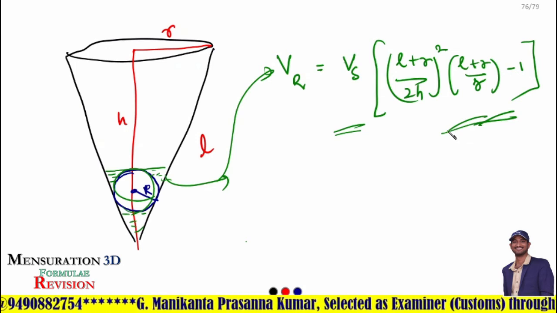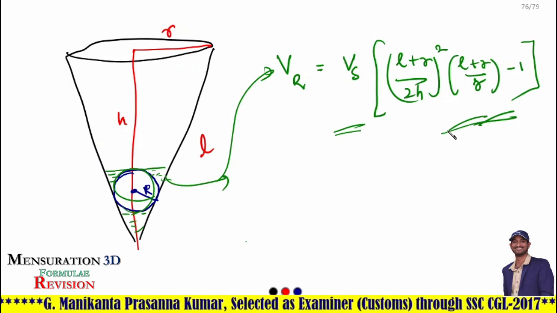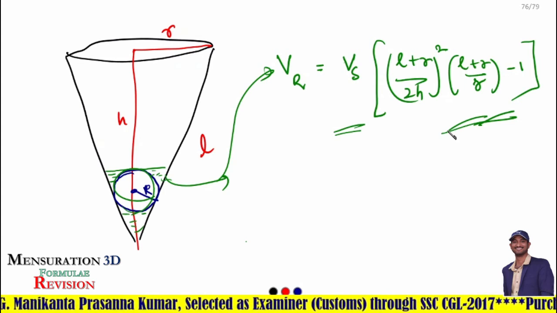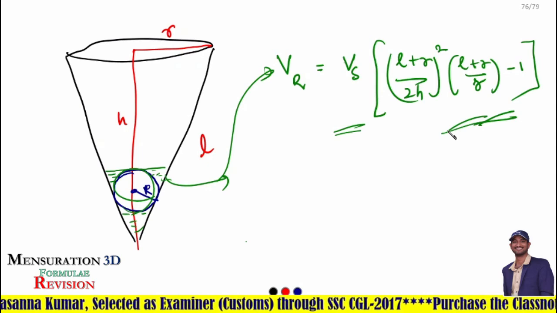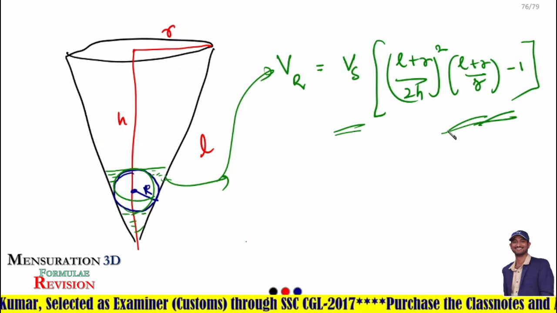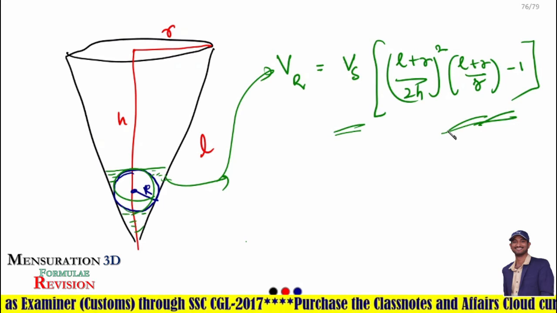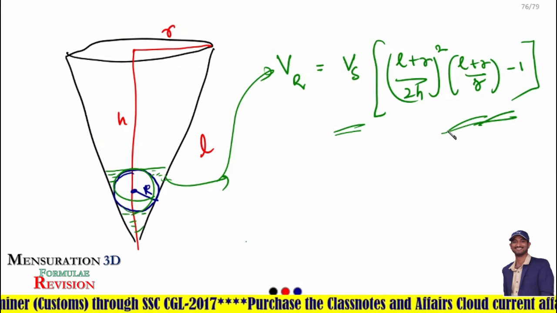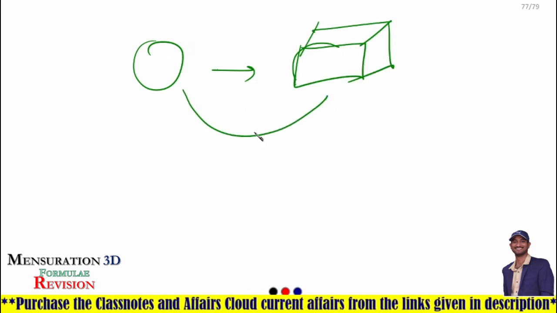All these formulas are related to 3D mensuration, and nothing more than this can be asked in your exam at the Tier 2 level of SSC CGL. If you remember all these formulas perfectly, then definitely you can solve any type of question. And the last thing I want to tell you: in 3D mensuration, when one solid is melted to form another solid figure, please remember you have to equate the volumes.